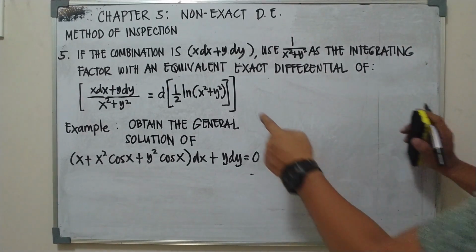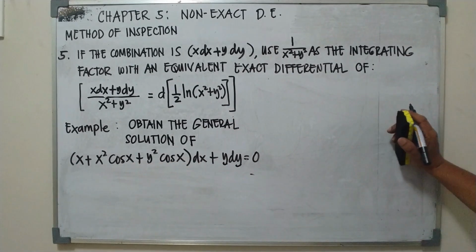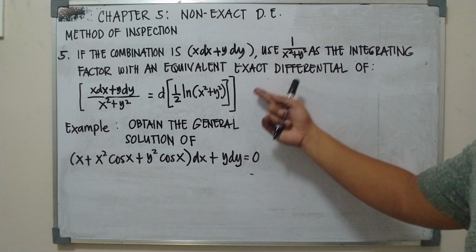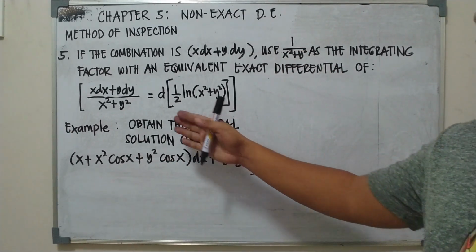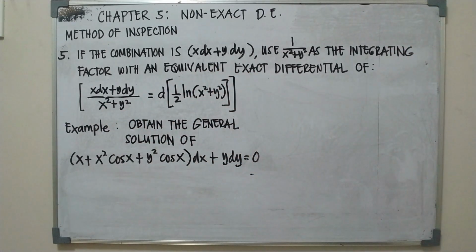Okay? So, we should see x dx plus y dy in the non-exact equation. Then, you can proceed multiplying the integrating factor to the non-exact differential equation for us to get this equation, which is the equivalent exact differential equation. So, let us proceed to our example for combination number 5.